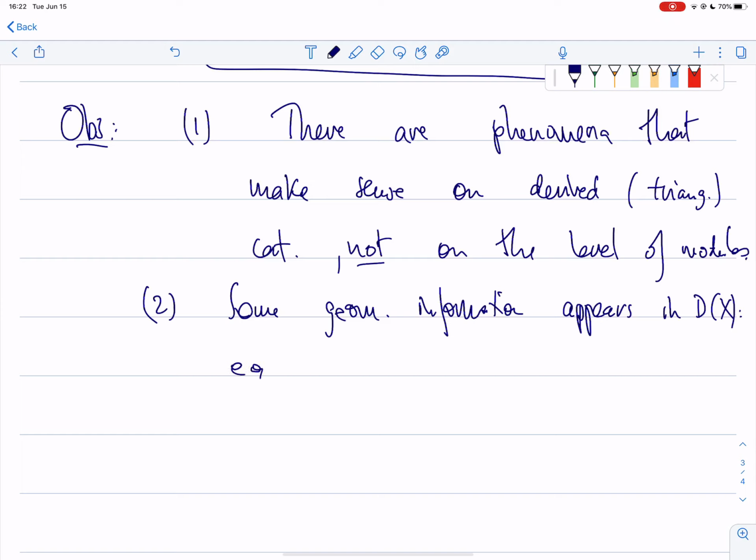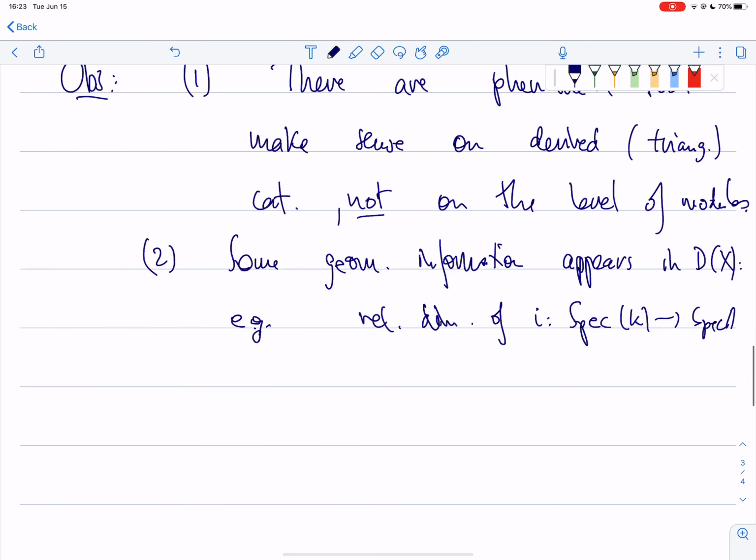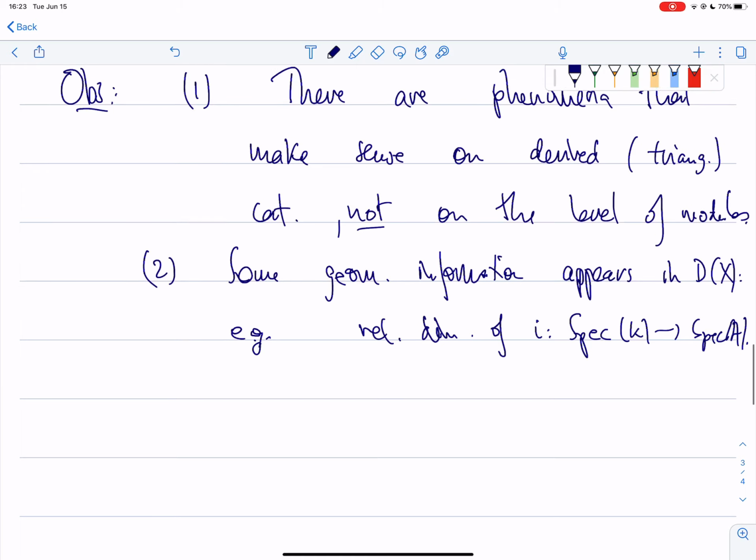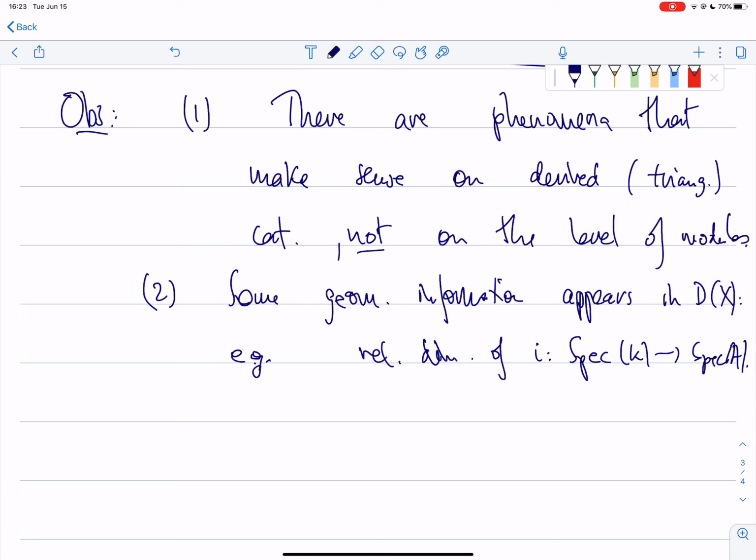Like, for example, the relative dimension in the previous example, the difference of the codimension of the two schemes. So that was coming up in the formula that we see at the level of the derived category.